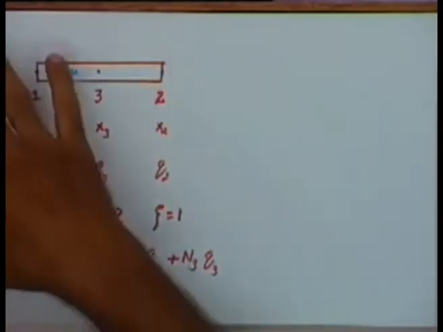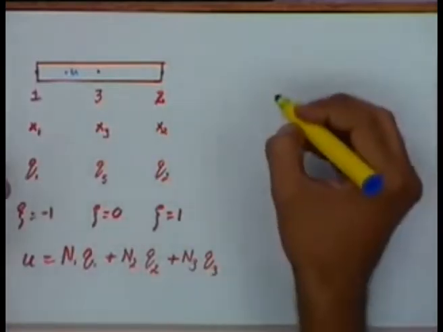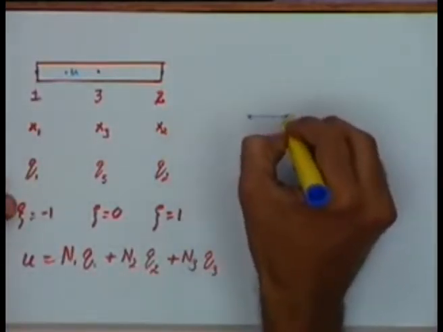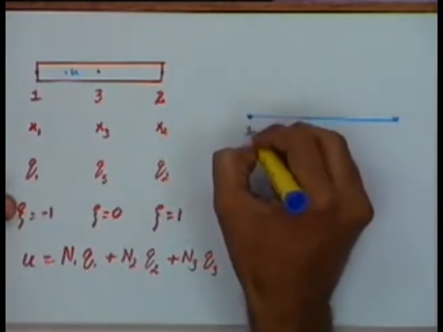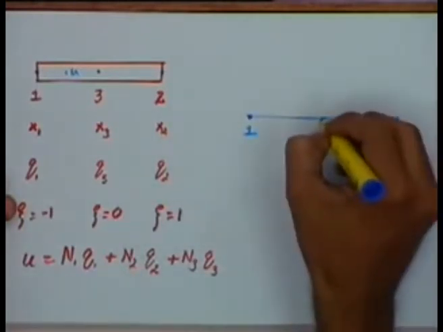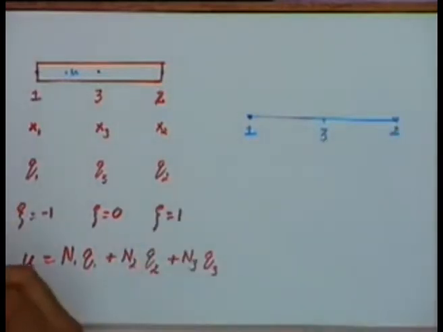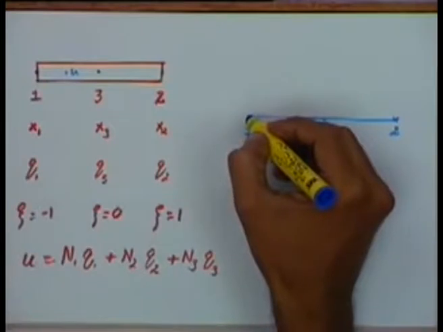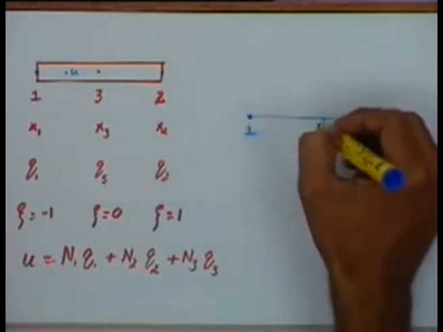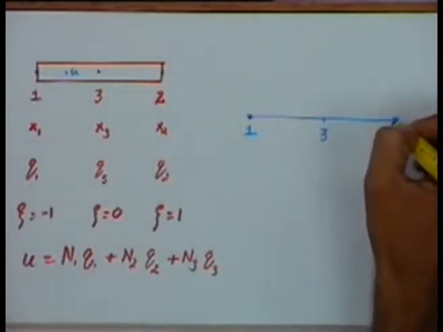The way we will take these shape functions: this is my node 1, node 2, and let us say this is my node 3. n1 is a weightage associated with the point 1. So our criterion will be that n1 will be 1 at this point and 0 at both the other points.